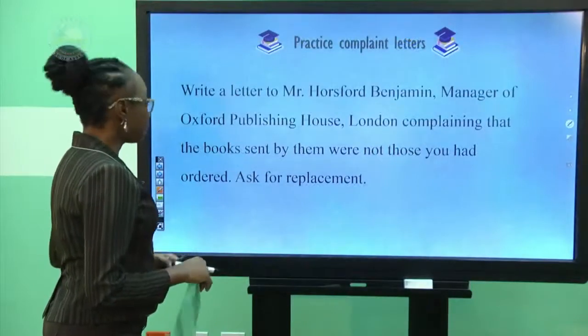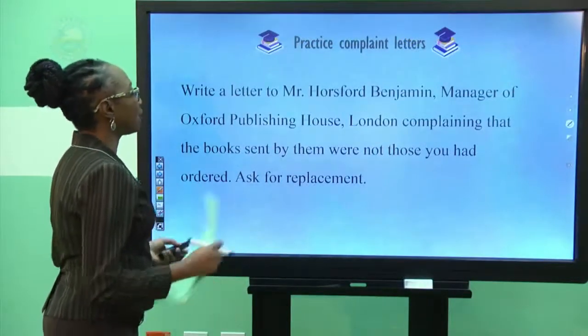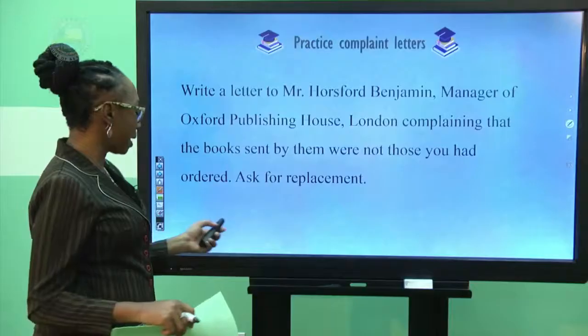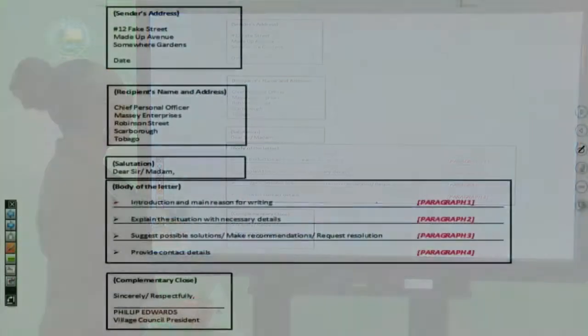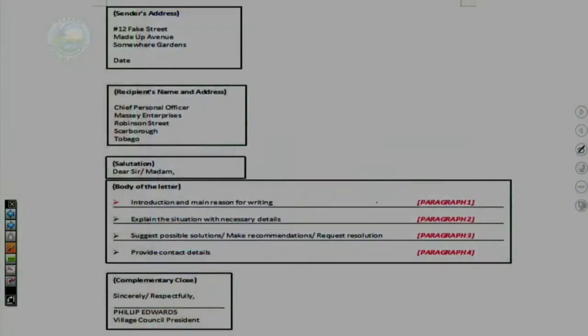This is a prompt that you can get, and what I'd like to advise you to do, we're going to go back to the structure we looked at before. This is the kind of structure that you want to have if you're writing that letter of complaint. Again, you have your sender's address, who is sending the letter.